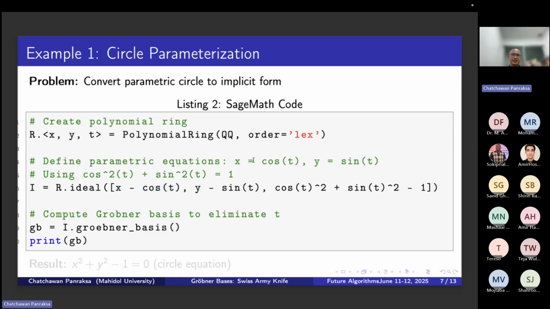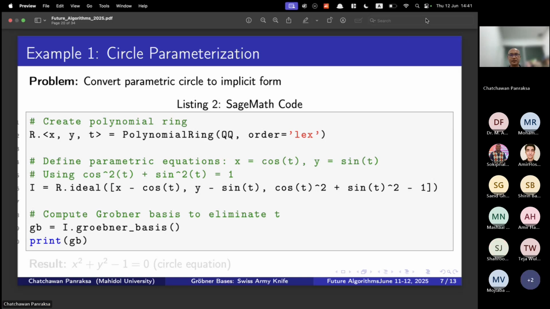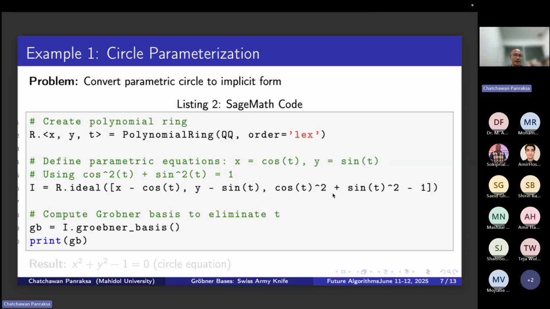Because we set x equal to cosine of t, you write x minus cosine of t. You don't have to set it equal to 0. And y minus sine t, and also for the Pythagorean identity, you just write the polynomial part; on the right-hand side, you imagine that is equal to 0.